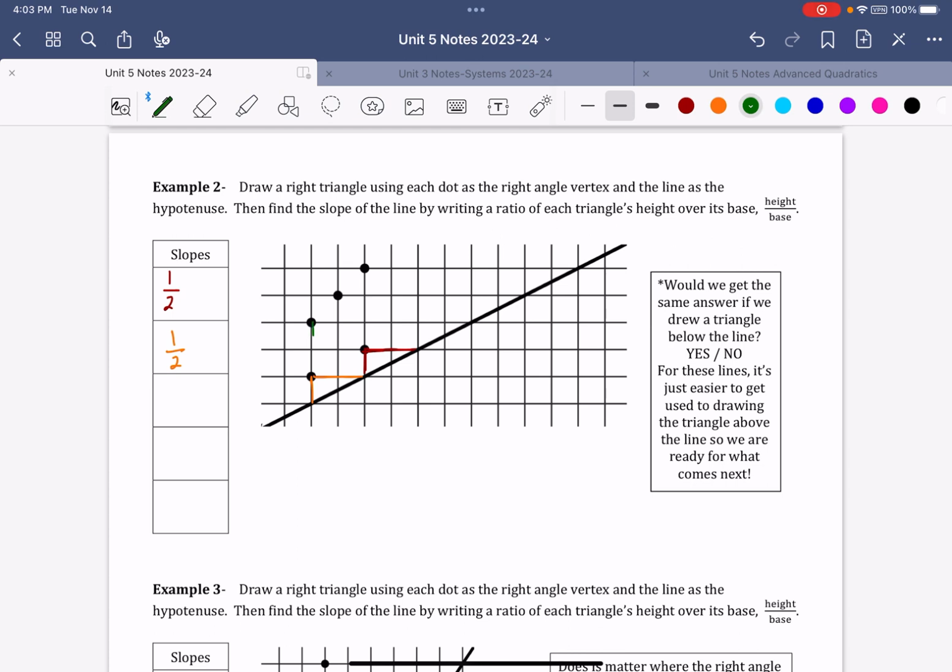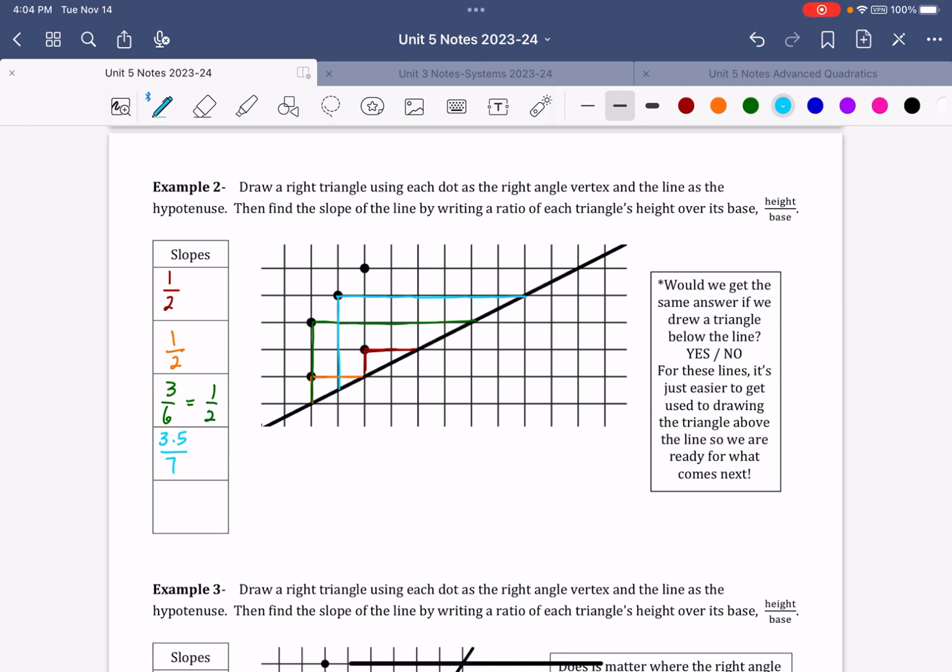Okay, this one we have a vertical of 3, a horizontal of 1, 2, 3, 4, 5, 6. And when we reduce that fraction, we get 1/2. Then 1, 2, 3 and a half, and 1, 2, 3, 4, 5, 6, 7.